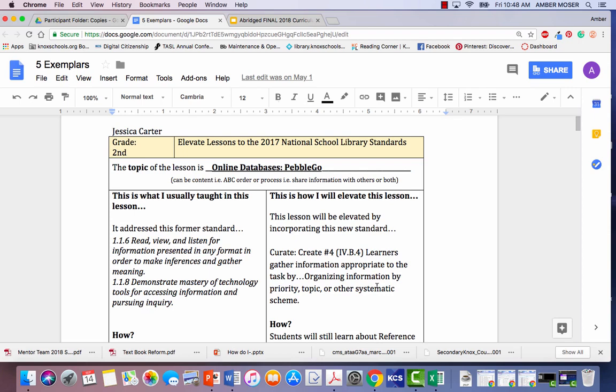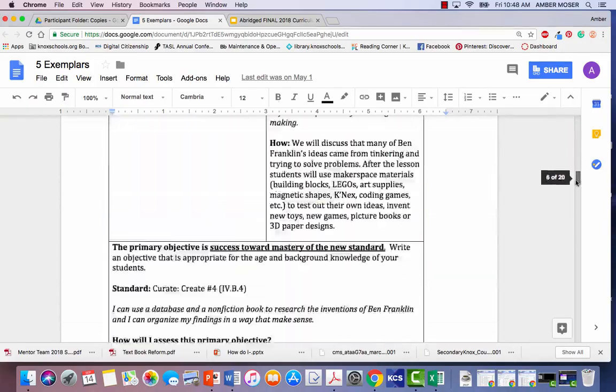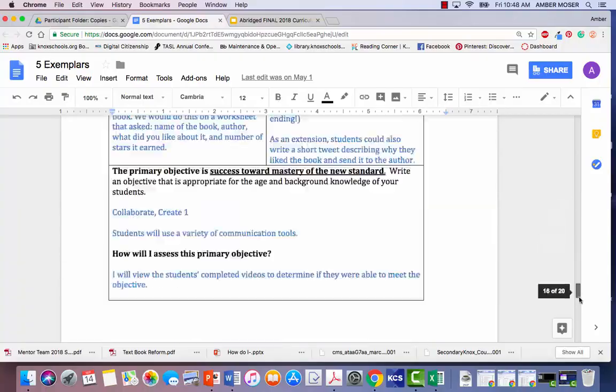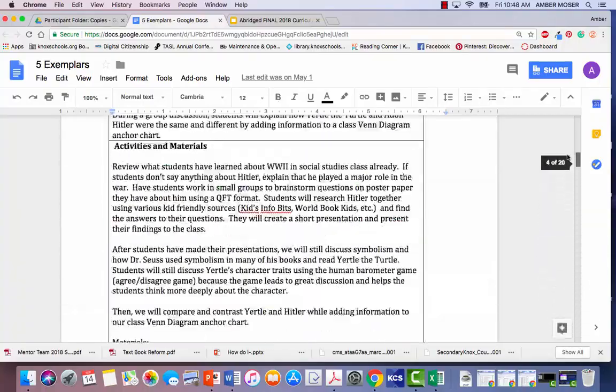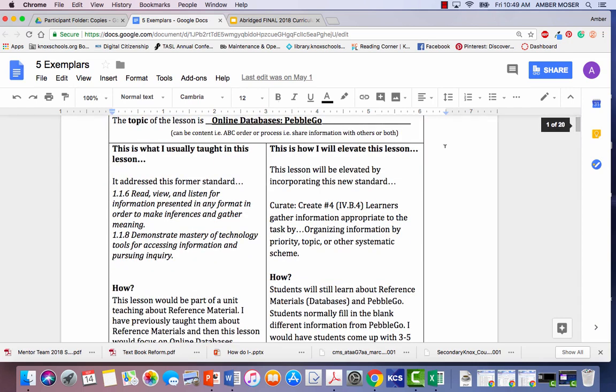So what I'd like for you to do now is get back into these exemplars. Again, there are lots of different grade levels presented in this one long document. Find a couple that are pertinent to your grade band, and I want you to look at the column on the left where the librarian has summarized how they used to do the lesson, and then look closely at the column on the right to see how the lesson has changed.